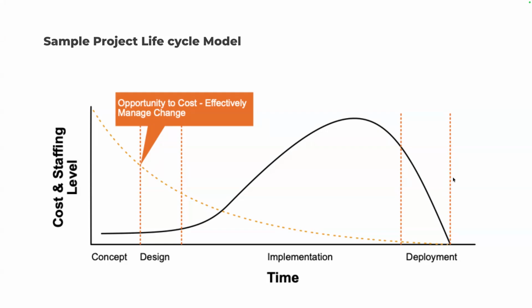What we're seeing with this is at the start of the project, the opportunity to cost effectively manage change is high because at the start we haven't done anything. We've not really put so much on the ground. But by the time we get into the project, we lose that opportunity with each stage, with each phase, with each deliverable. There's only so many things we can go back on to correct. So that's why it's important to understand that this is the life cycle, this is how it all fits together.